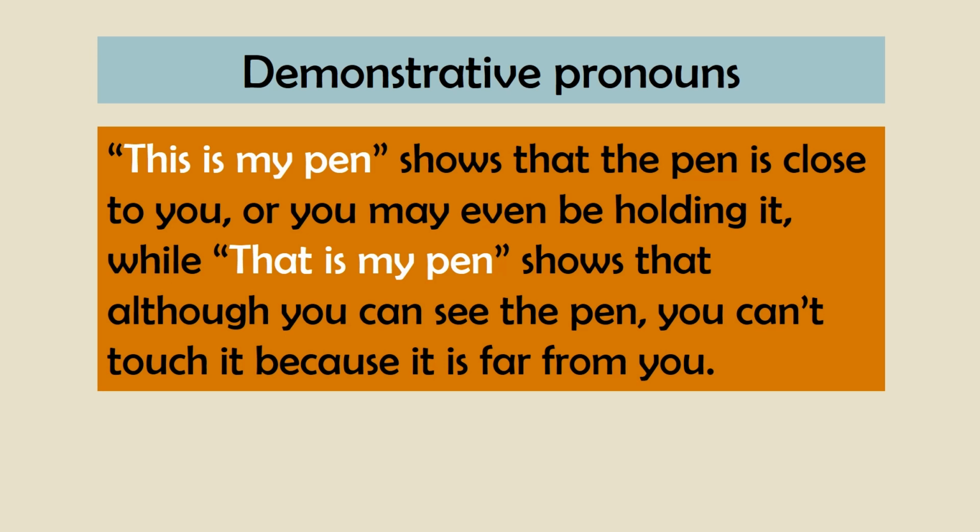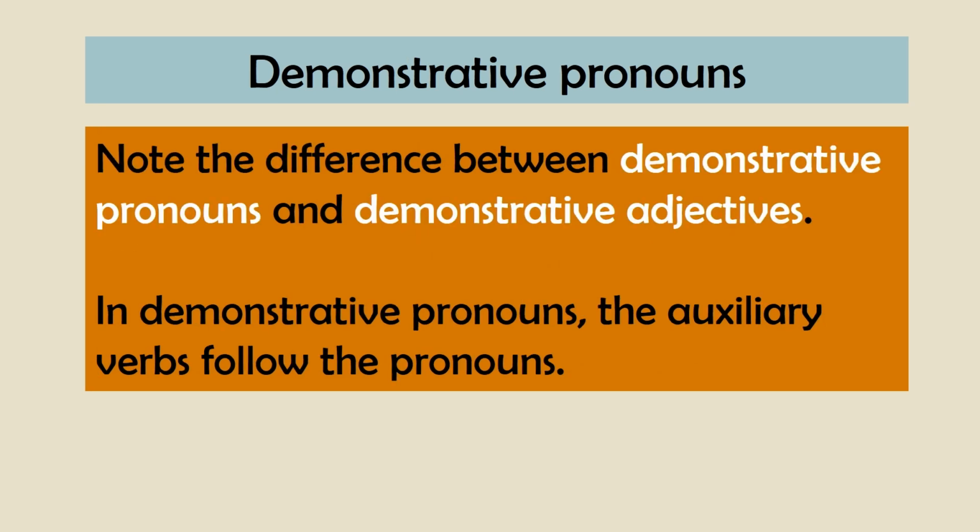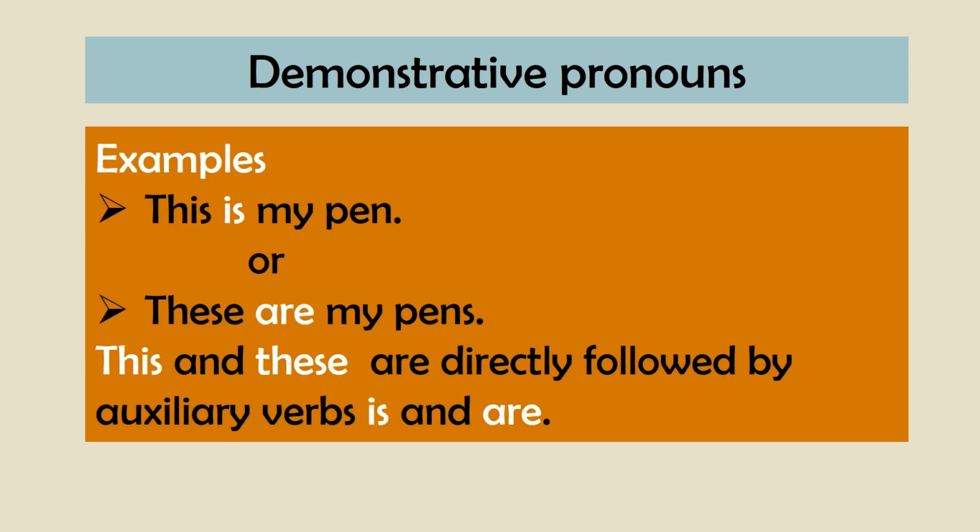Note the difference between demonstrative pronouns and demonstrative adjectives. In demonstrative pronouns, the auxiliary verbs follow the pronouns. Examples: This is my pen, or these are my pens.